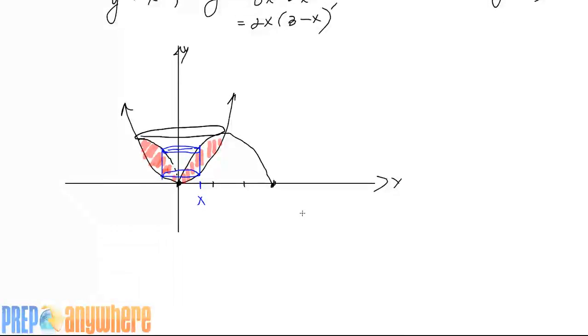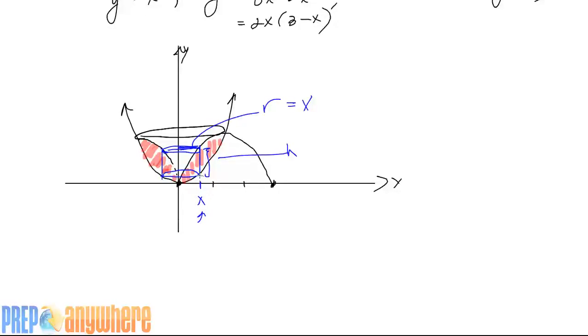Now, a cylinder is defined by two things. First, the radius. Second, this height. They both need to be defined in terms of x. Here's my x of the function. Do you see that the radius is x?